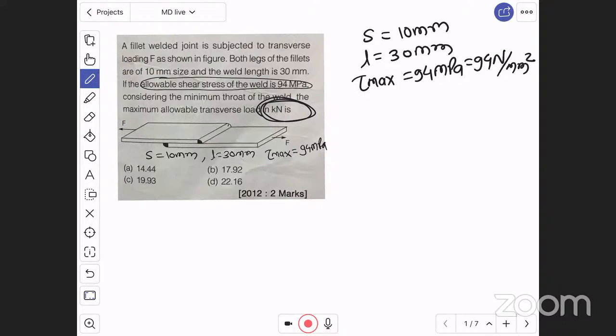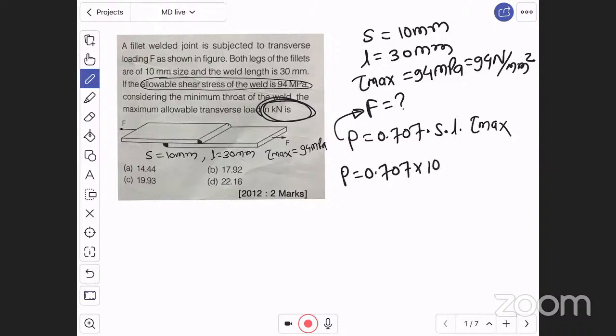And they are asking what is F. We have derived this formula: load carrying capacity is equal to 0.707 into S into L into tau max, where P is nothing but F. Here we just replace P with F. In the Ekeeda application recorded theory lectures, I have taken 1 hour for the derivation of this concept. Therefore P is equal to 0.707 into 10 into 30 into 94. Put the values and tell me the solution.